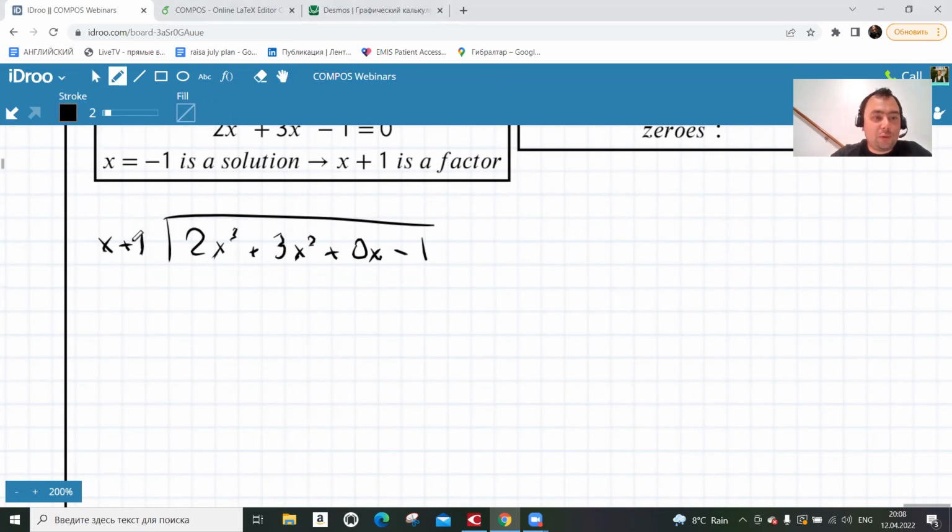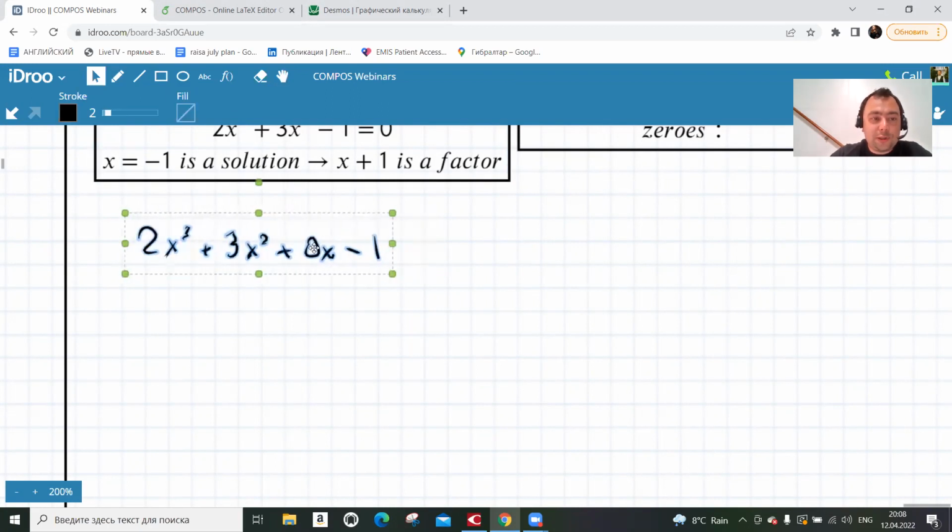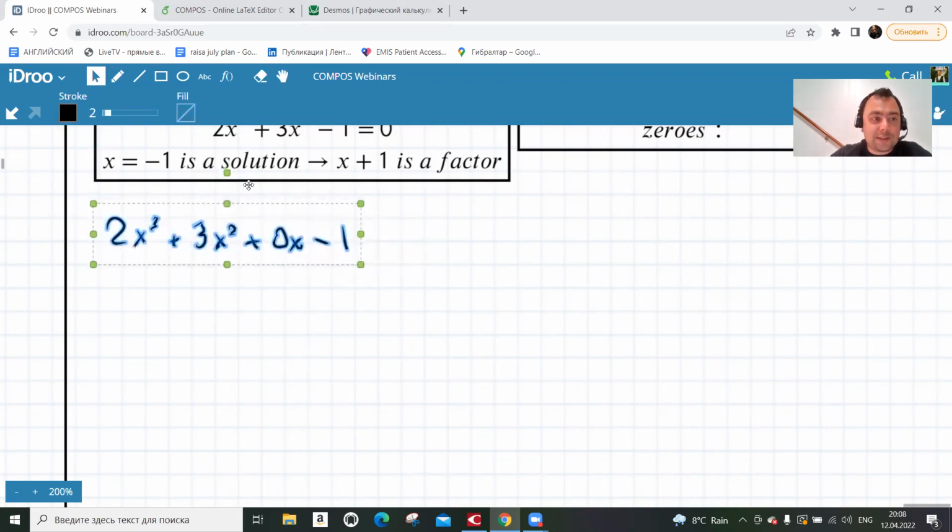That's fine. So I won't go into much detail about this. Actually, since you're familiar with it, I'm going to show you another way of doing it. You need to factor out x plus 1.